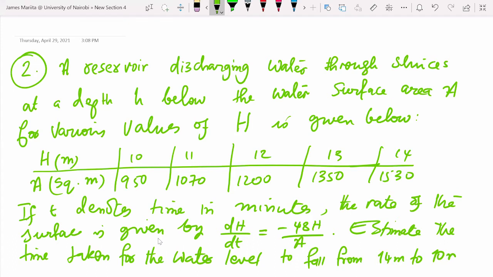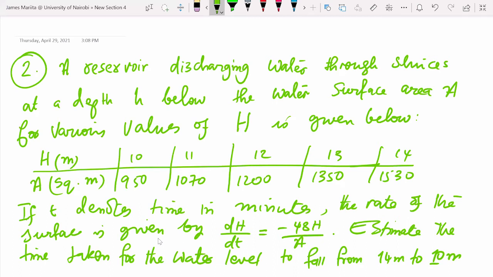A reservoir is discharging water through sluices at the depth H below the water surface area A for various values.